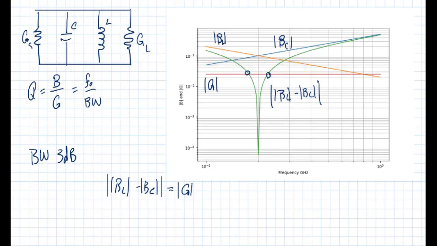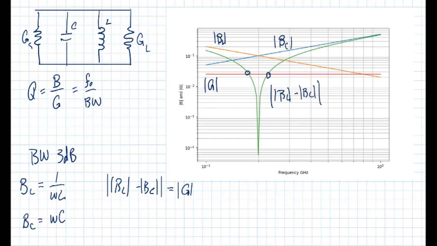Okay, so after a tiny bit of cleanup here, let's just review that the susceptance of an inductor is 1 over omega L, and the susceptance of a capacitor is just omega C. And we're going to look at figuring out the bandwidth in a mathematical sense.